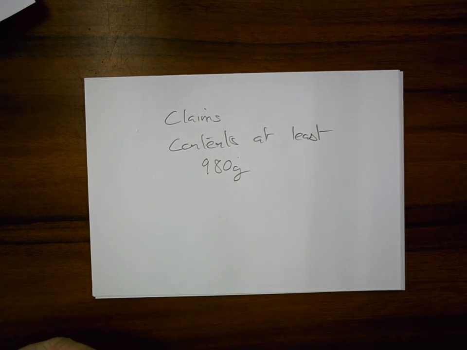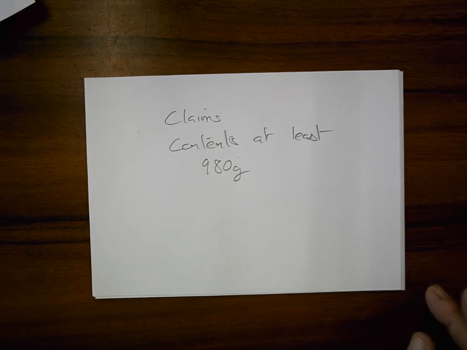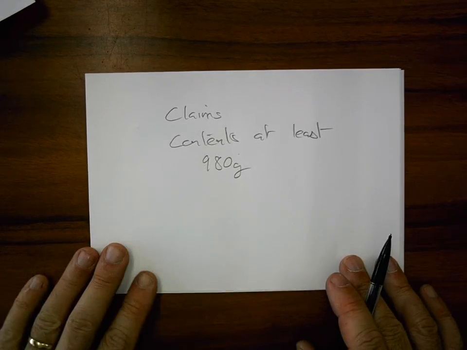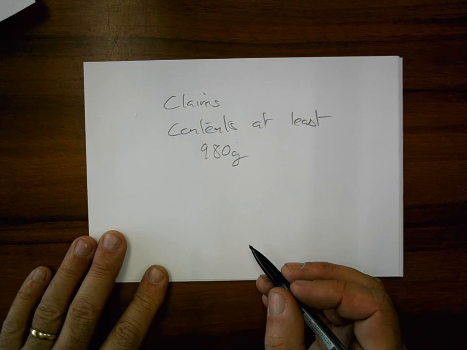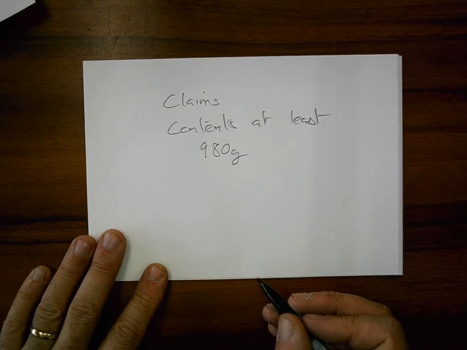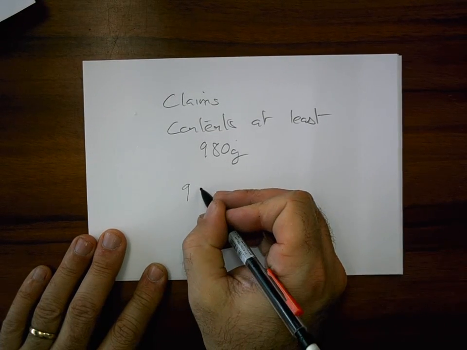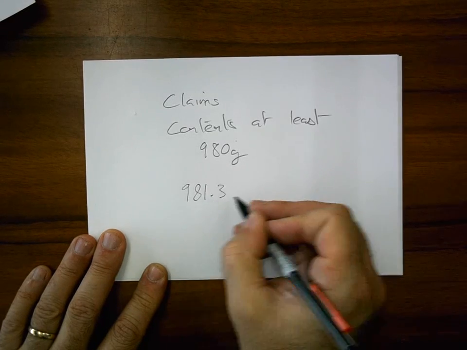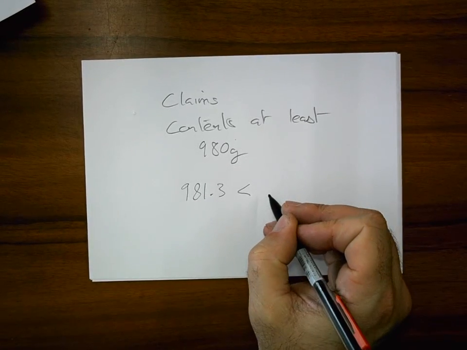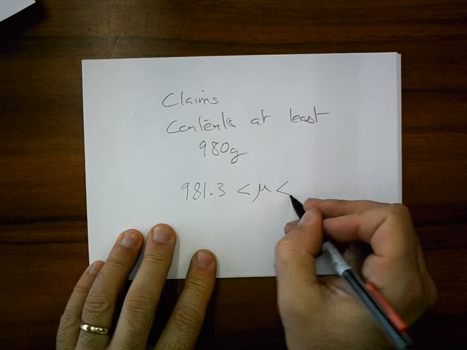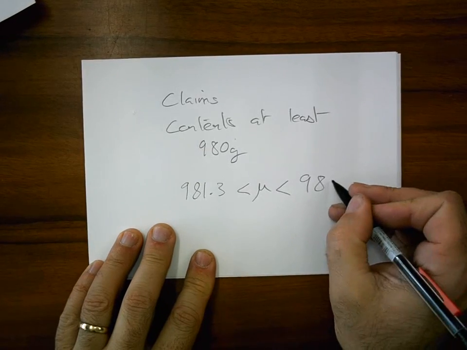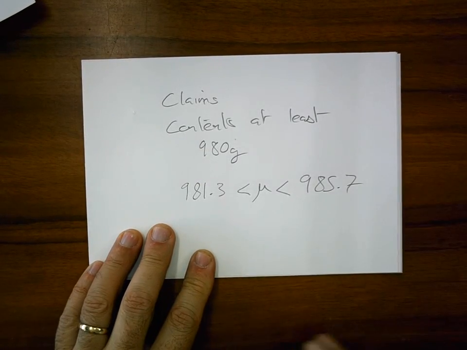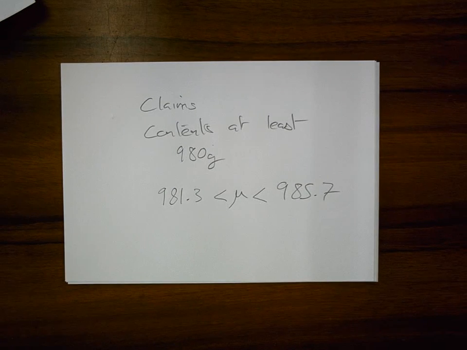We do a sample of 50 and we use a 95% confidence interval, and we find the result for our 95% confidence interval from a sample size of 50 is this: 981.3 < mu < 985.7. Please interpret the claim.